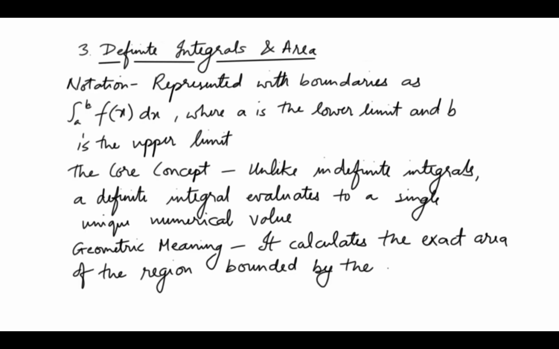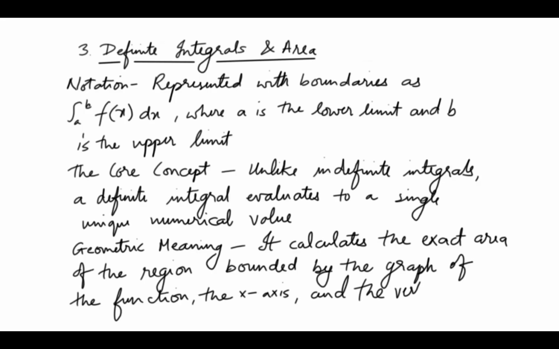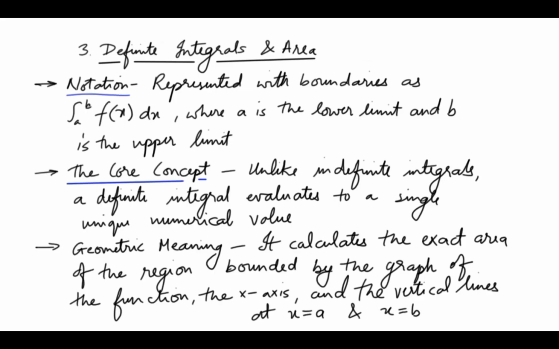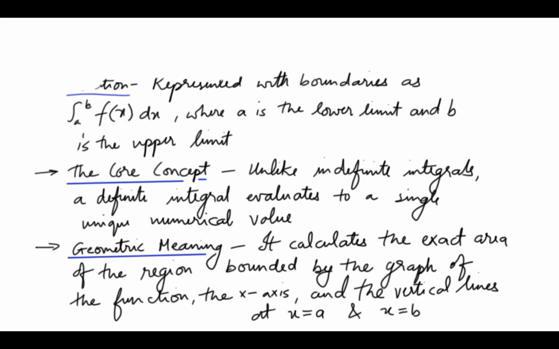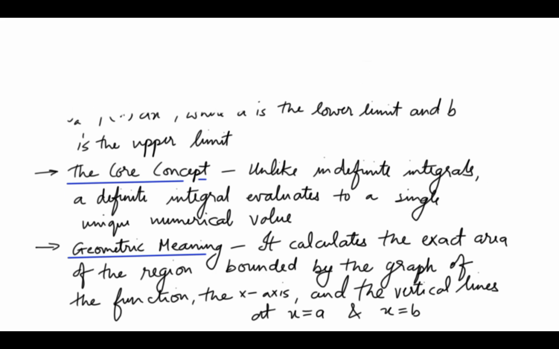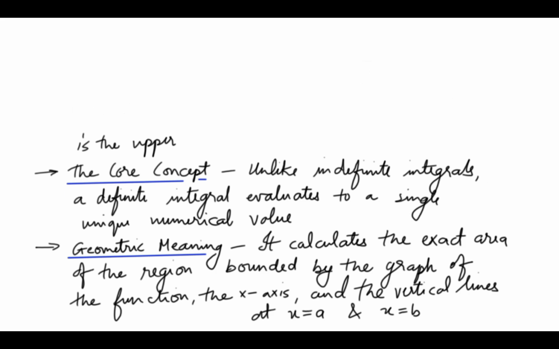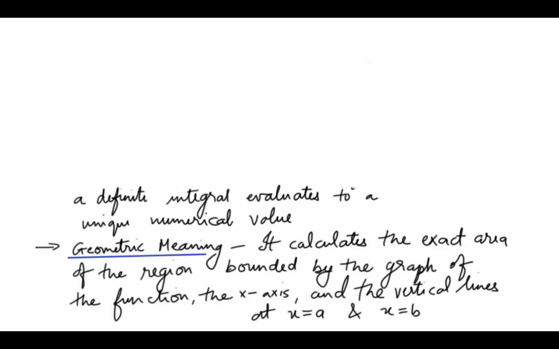Not much formula is used in this right now. Maybe we'll make some more videos in detail because this is a long topic, long chapter. So the area can be calculated, and that is the geometric meaning.